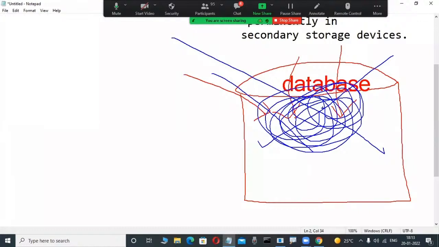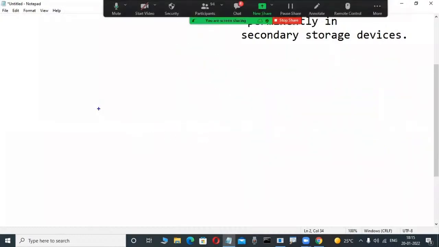These databases only store a structured collection of data. That is important. If you want to store any random collection of data, there are some non-relational databases, such as MongoDB. That is different. Oracle, SQL Server and DB2 are relational databases.